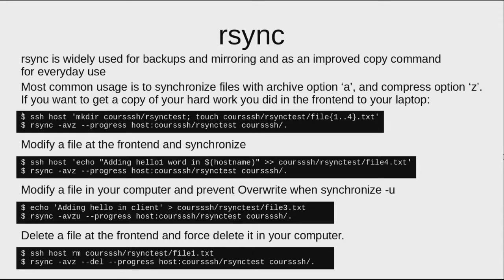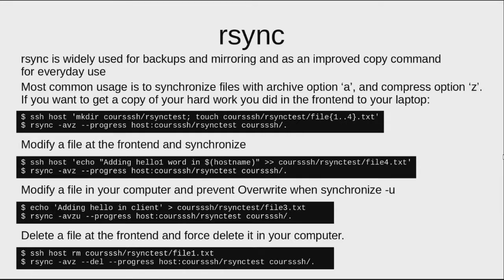For example, create a directory on the front end with 4 empty files and synchronize it to your local directory. Again, replace host with one of the front-end host names in your config file. Then modify only one file and synchronize again. You will see that only the modified file will be synchronized.